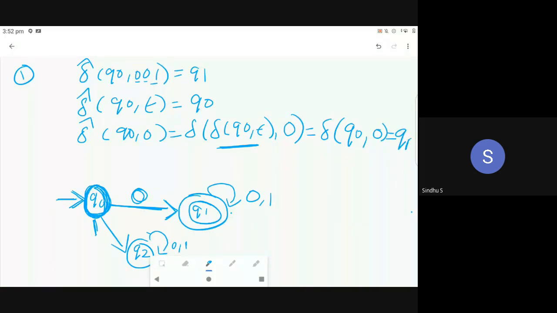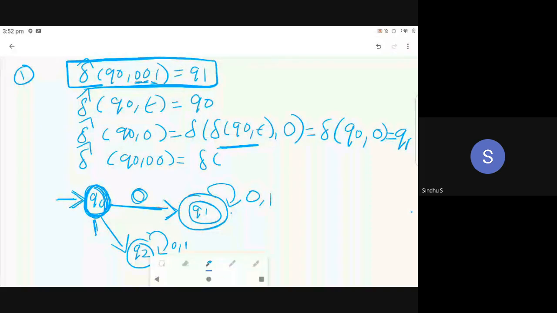I have to check each individual input. Don't stop here. Since we have arrived at q1, we should not stop with that. We have to check the other inputs also. The next one is sigma cap q naught comma 00.